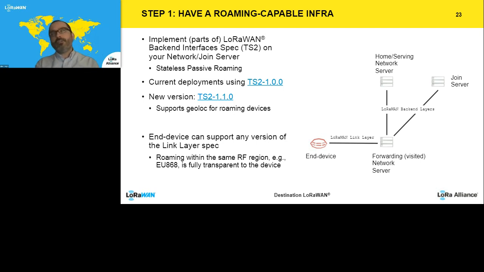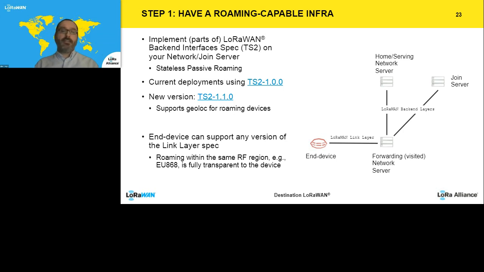So you can, I would say, expect to see deployments using that spec in the coming 4 to 6 months. And that's what you need to implement. And on the end device, all it needs to implement is the LoRaWAN link layer spec. And any version of the link layer spec can be used for passive roaming.